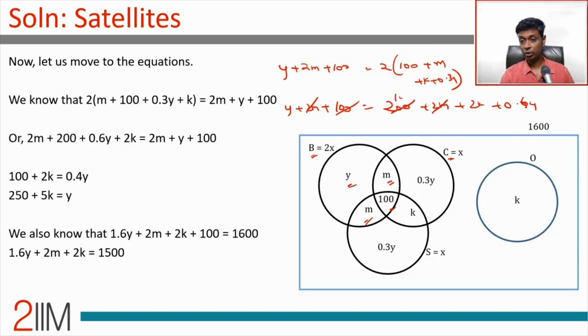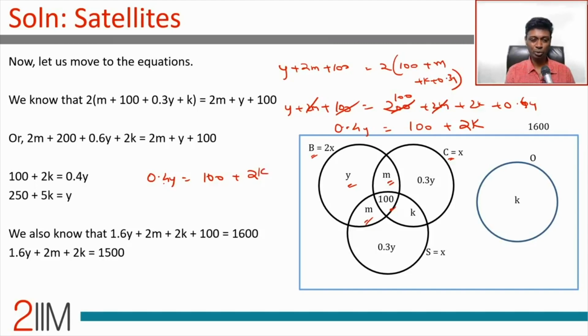100 comes this side, 200 minus 100 is 100. This 0.6Y can come this side. 0.4Y equals 100 plus 2K. There is something linking Y and K. So we know that 0.4Y is 100 plus 2K.